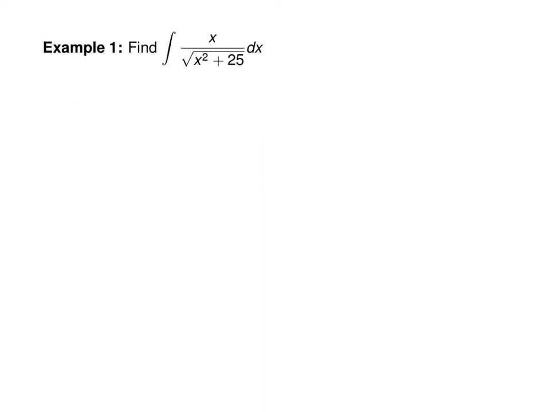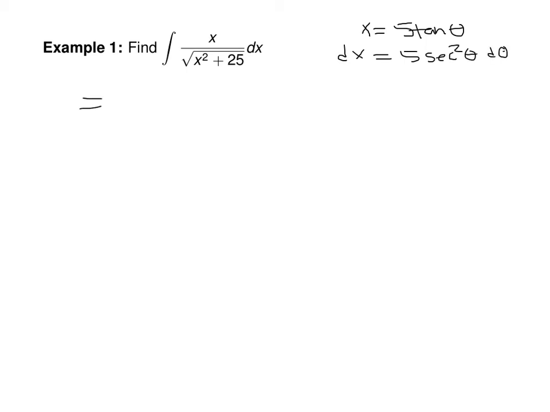Now, find the integral of x over the square root of x squared plus 25. So if we are going to use the trig substitution, we have an integral of the form u squared plus a squared. So we are going to let x equal 5 tan theta. Then dx is equal to 5 secant squared theta d theta.